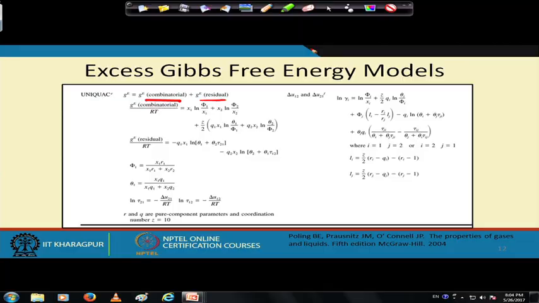Now, apart from this, I would also like to mention one more interesting thing. When there is a remarkable or significant deviation of the solution from ideal behavior, what do you expect under that condition? Let us see what happens.